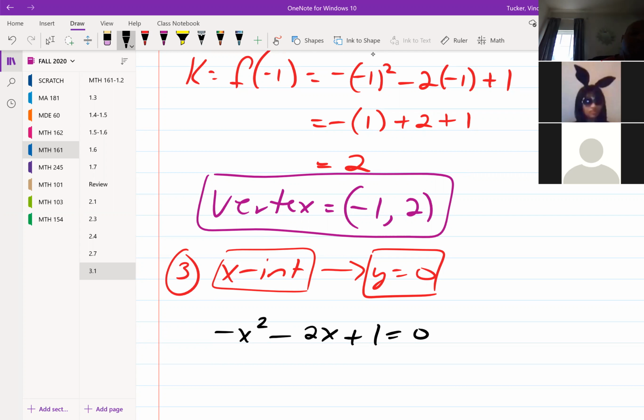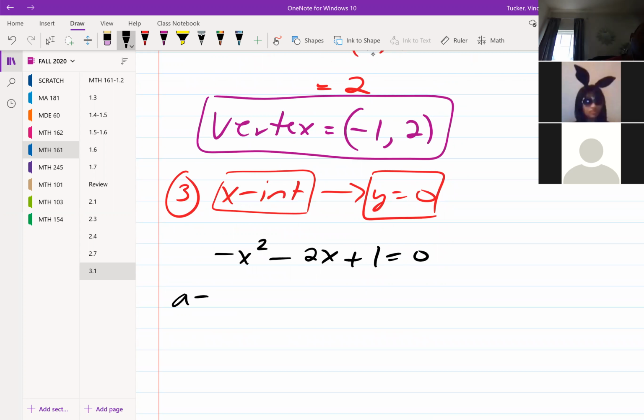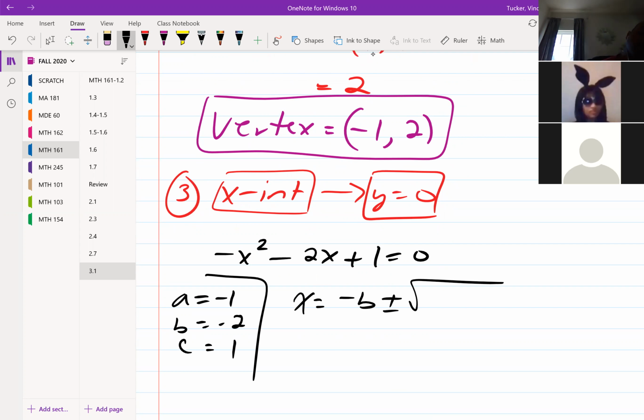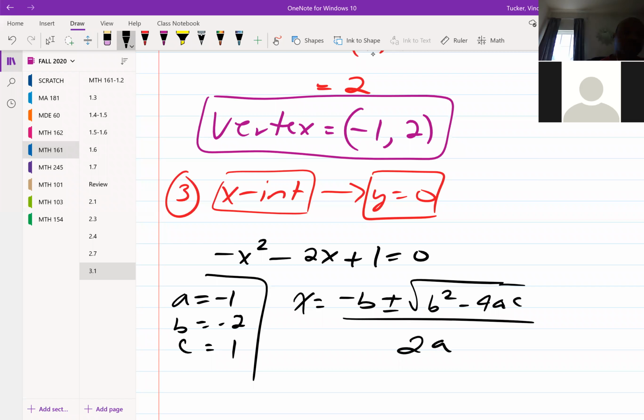Unfortunately, that is not factorable, so we'll have to use the quadratic formula.